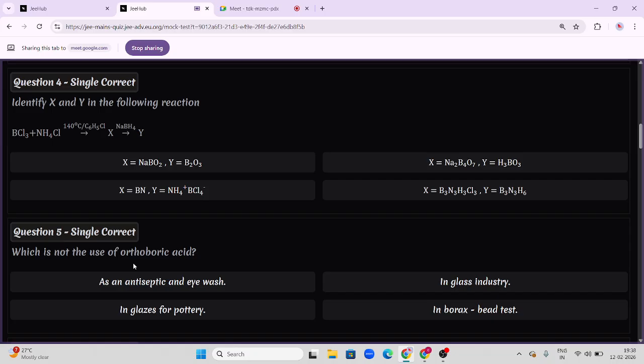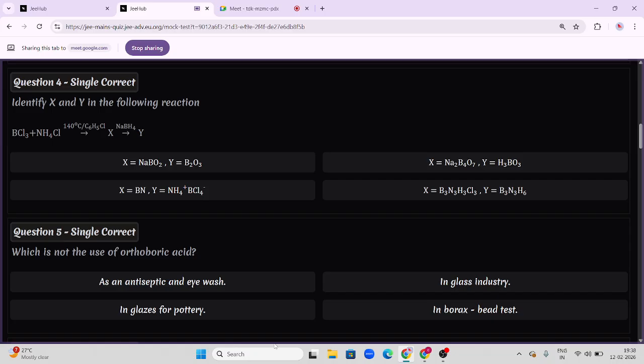No. Let me give you a clue, Kagol. Y is called inorganic benzene. Y is called inorganic benzene. Yes. The Y compound is called inorganic benzene. Anyone else can also try it.